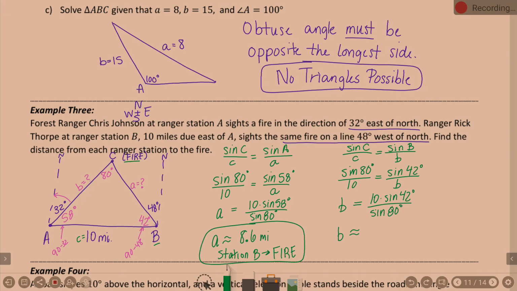Works out to be 6.8 miles. And that is side B, but it's a distance from station A to the fire.